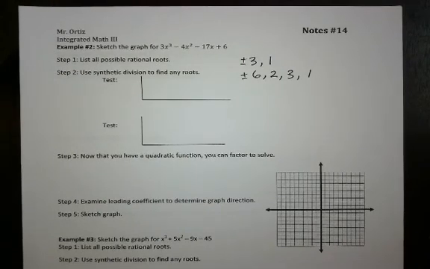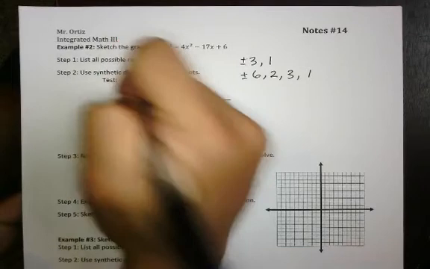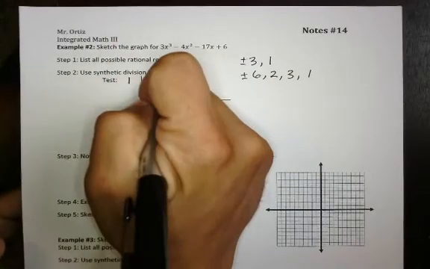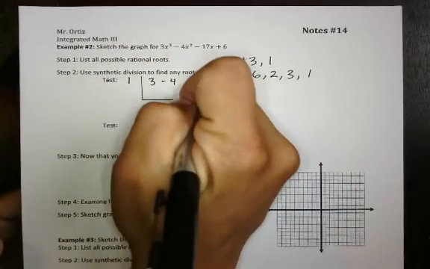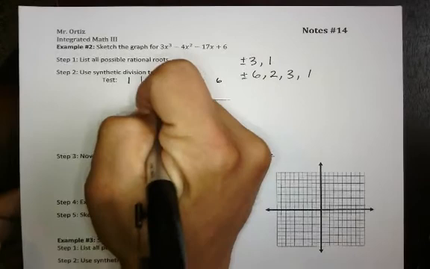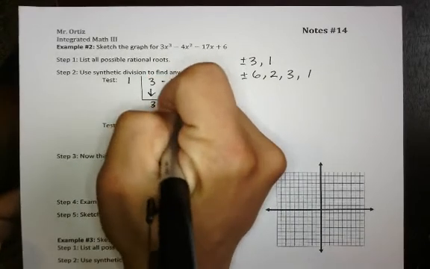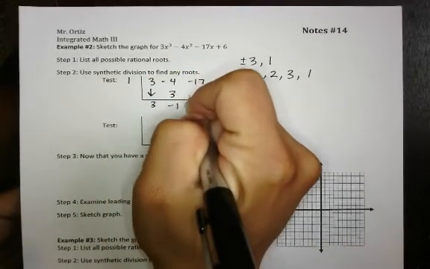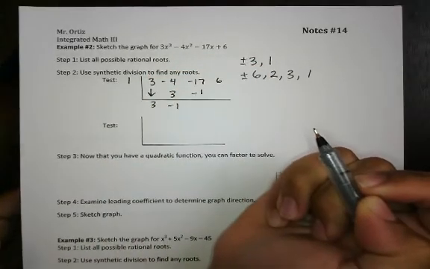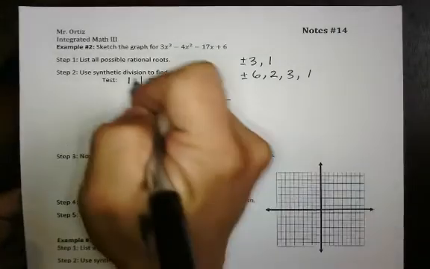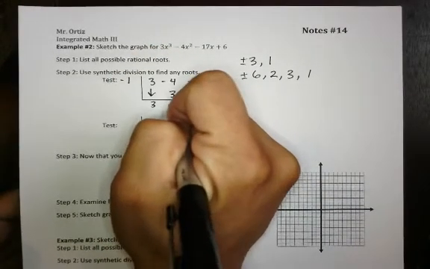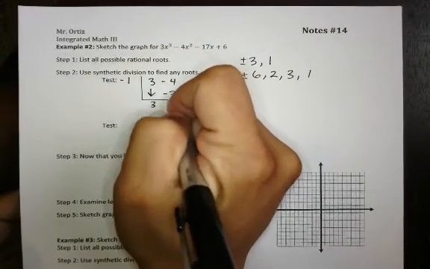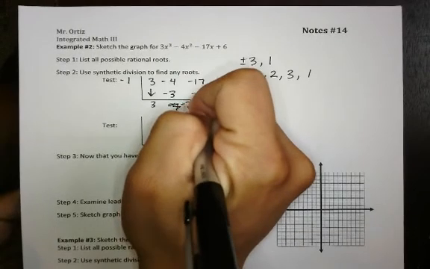So we have ±3, 1, ±6, 2, 3, 1. Which term do we want to try out first? 1. Okay, let's try 1. So you list our coefficients.